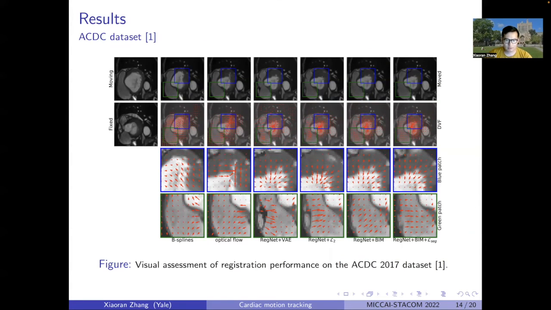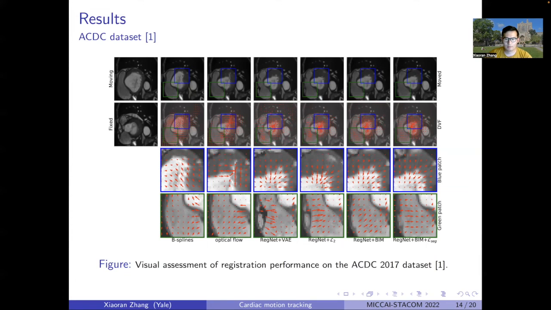Visual assessment of our proposed methods compared to others is shown in the above figure, where we can see that B-spline and optical flow generate artifacts in the myocardium, especially in the highlighted blue patch shown in the third row. The RegNet plus VAE creates unrealistic motion in the right ventricle region, especially in the highlighted green patch shown in the last row, which might be due to the penalization of the VAE regularizer mainly focusing on the myocardium only.